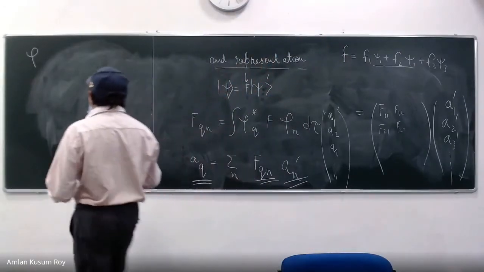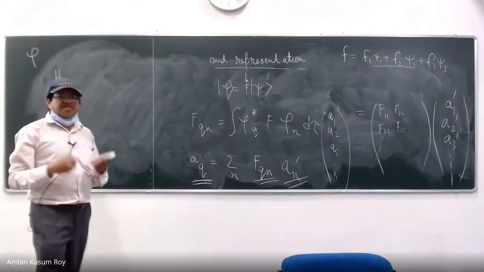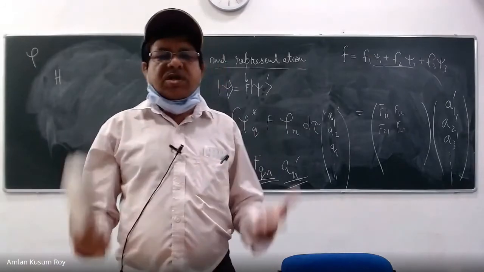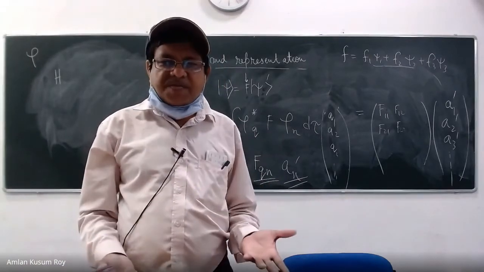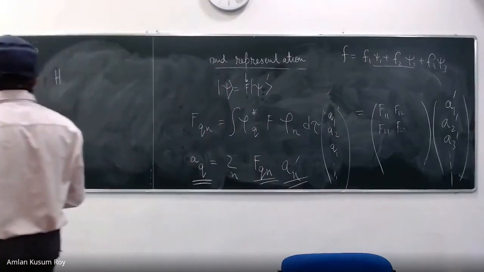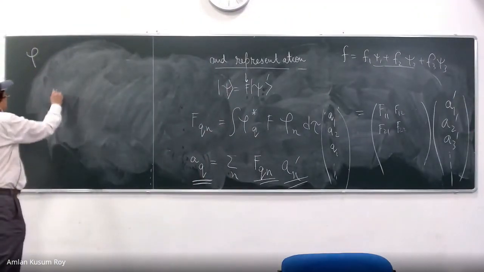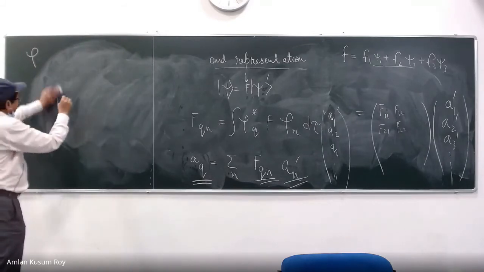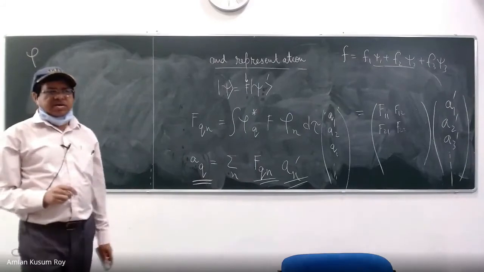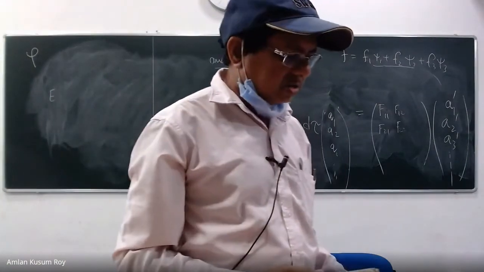If I take the representation of H, what does that mean? You must have heard about these terms: energy representation, position representation, momentum representation. Have you heard all these? What is the meaning of this? If I take the energy representation, your Hamiltonian should be a diagonal matrix.